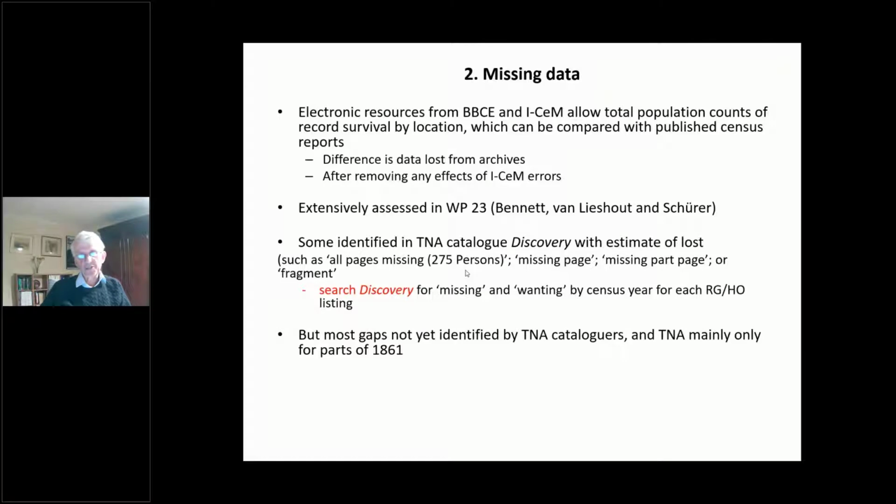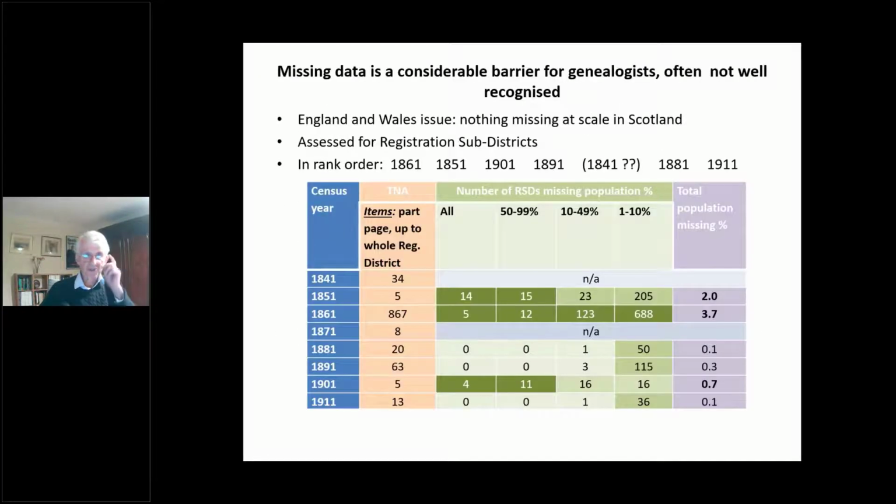And this is, of course, the nature of the original records and their archival survival. The National Archives catalogue indicates that most of these gaps are in 1861, but we've now shown that this isn't really the whole story.